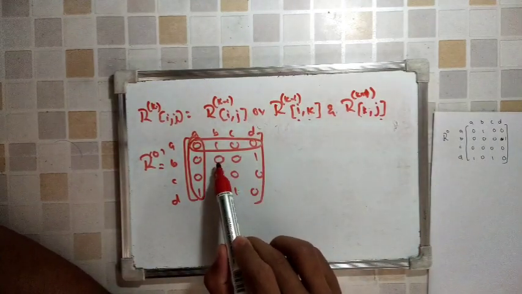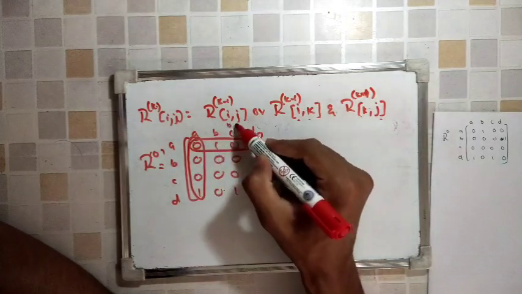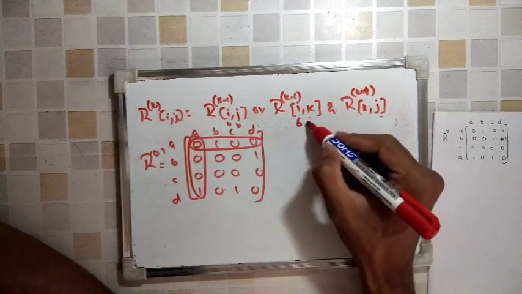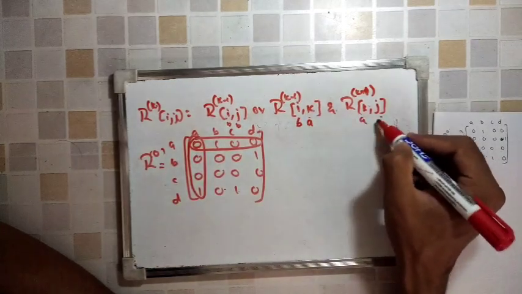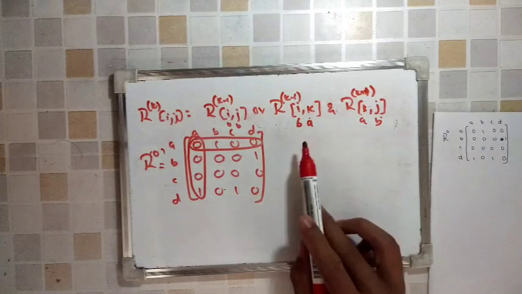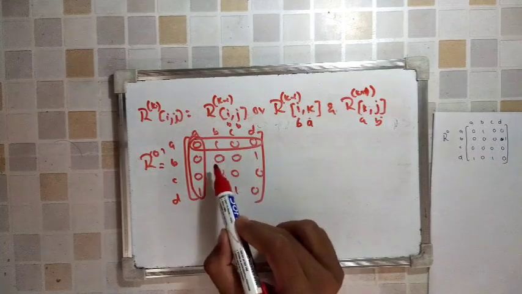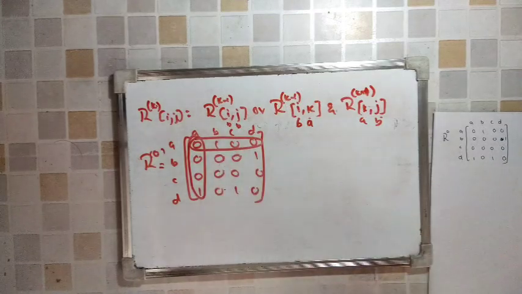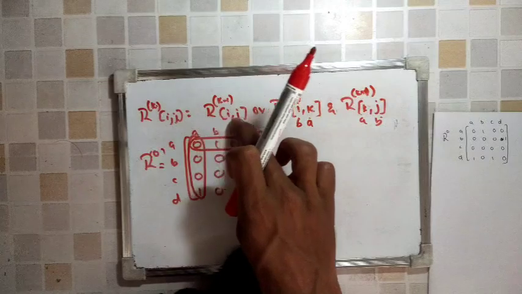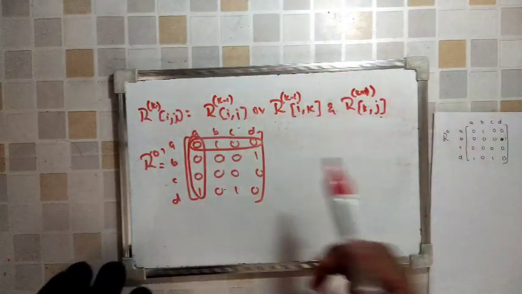If I consider B to B, then I is B and J is also B, and my K is A. So I will check B to A and A to B. Both paths, B to A and A to B, should have a 1. If we get 1, only then will this change from 0 to 1, or else it won't change. Since B to A is 0, we won't have any path, so this will be 0 itself.